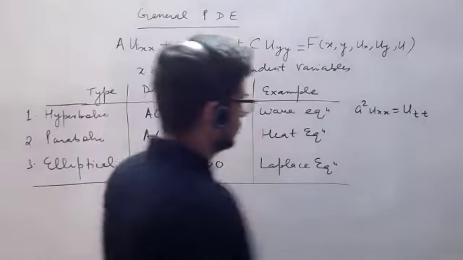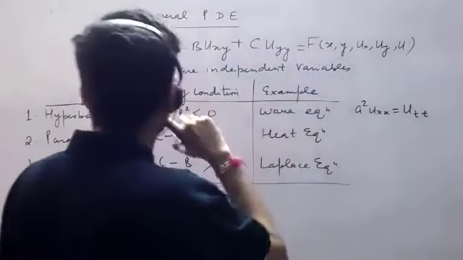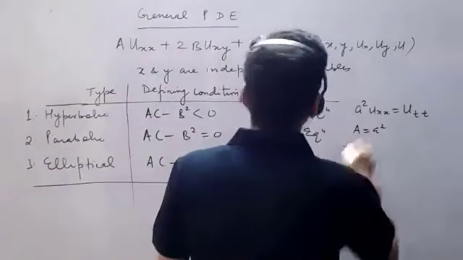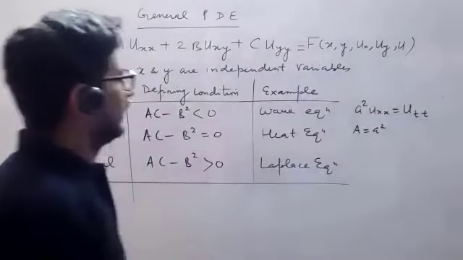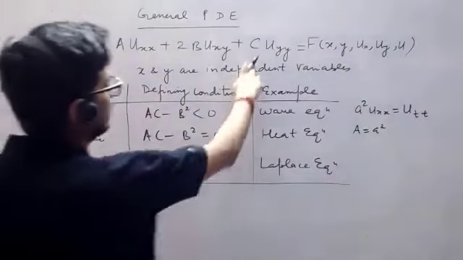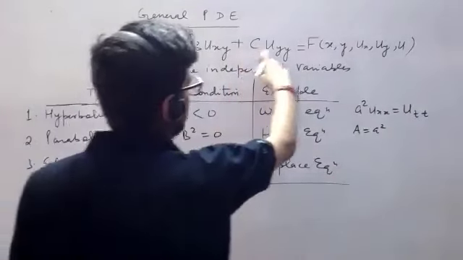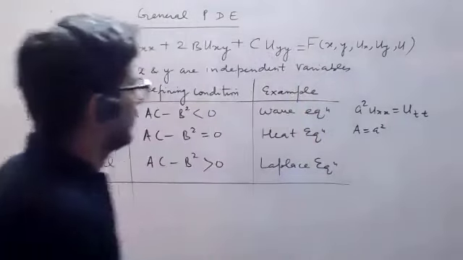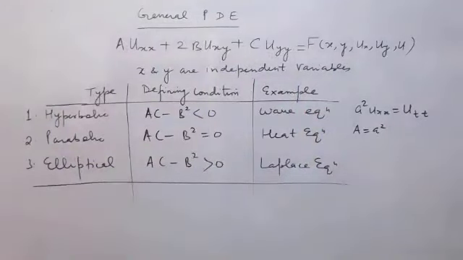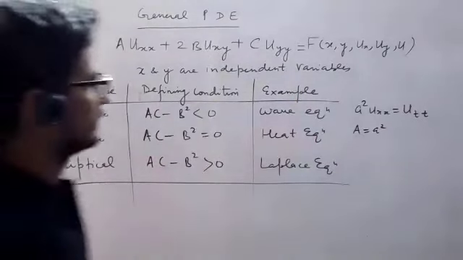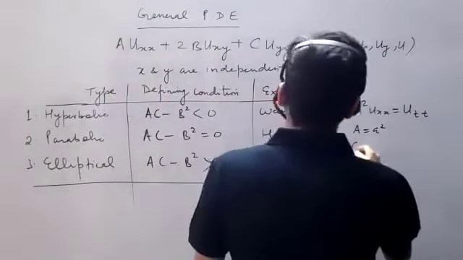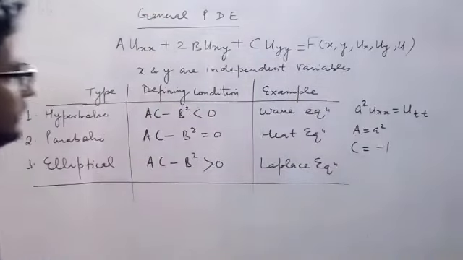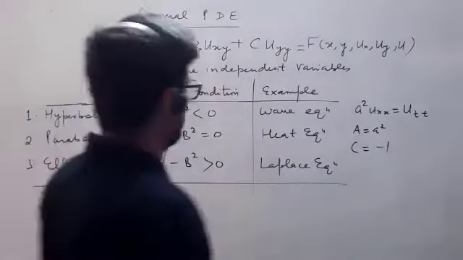So in this equation, let us now correlate with the general form. The value of capital A is a square, and since u_tt is on the other side, it will go to this side, so the value of C will become -1.